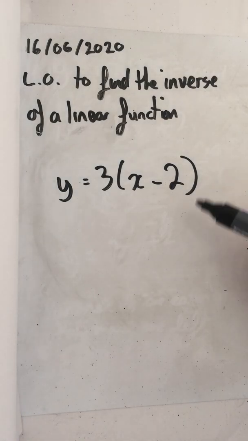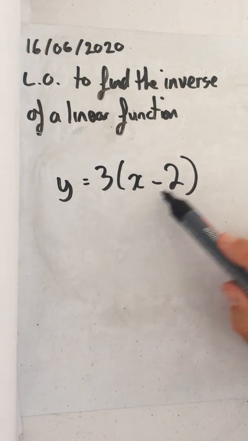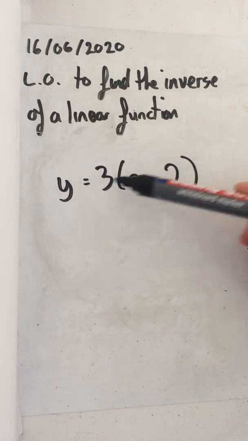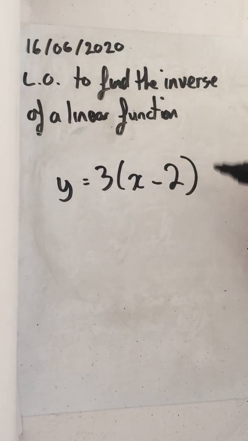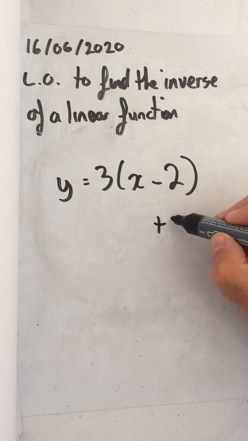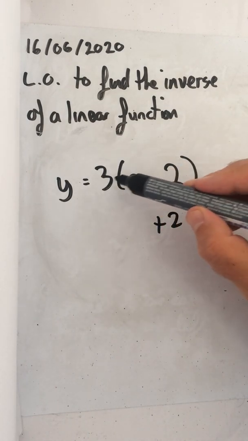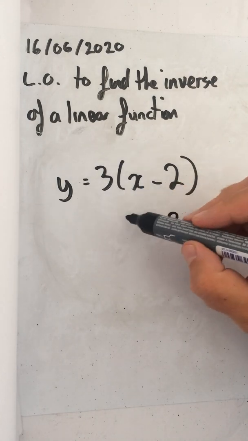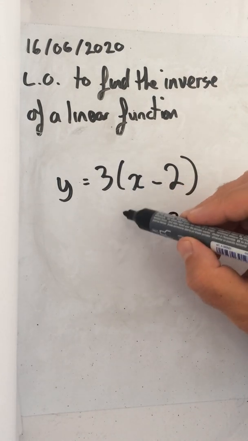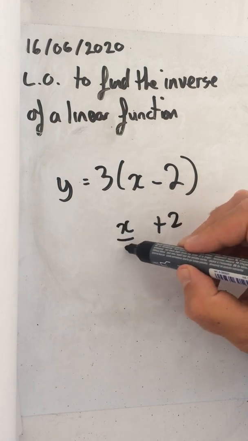Right, so to find the inverse function of this, it's not what you'd expect, because my first thought was, oh yeah, you expand the brackets, but actually no, you don't. So you just work your way backwards again. This minus 2 becomes a plus 2. And then when we come to this part, it's x times 3, so we do the other way around, x over 3.